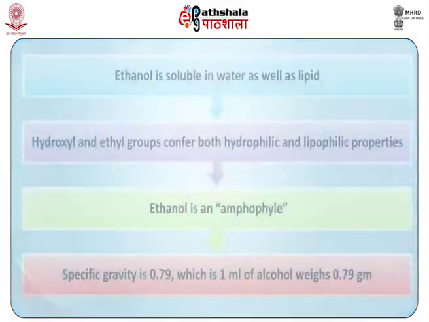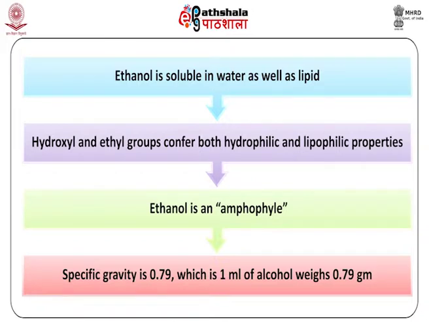This is mainly done by the direct hydration process. Ethanol is soluble in water as well as lipid. The hydroxyl and the ethyl groups confer both hydrophilic and lipophilic properties. Thus, ethanol is an amphophile.